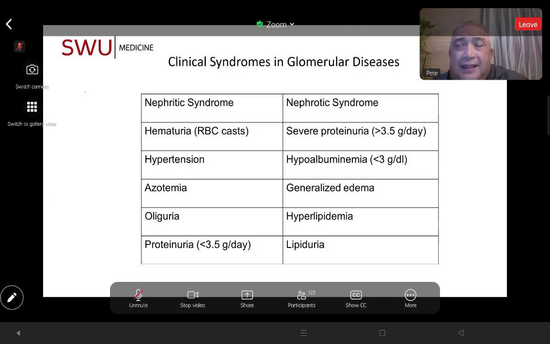azotemia and uremia. Now, azotemia is pretty much a laboratory diagnosis. Are you familiar with your NPNs, your non-protein nitrogens? Let me ask somebody. Tom, are you there?